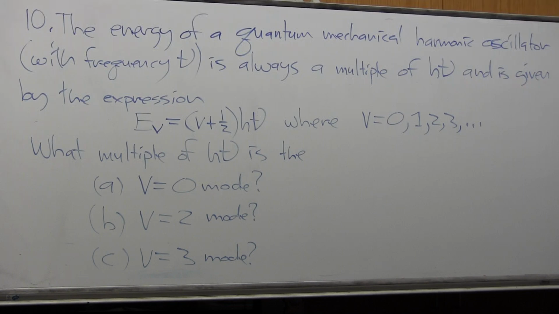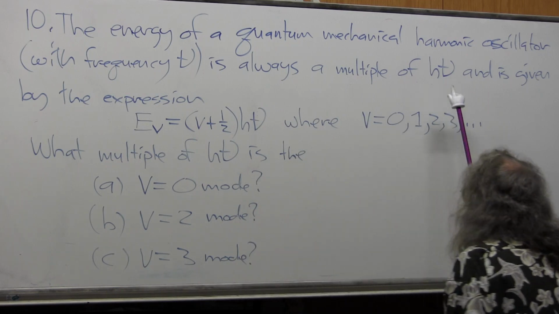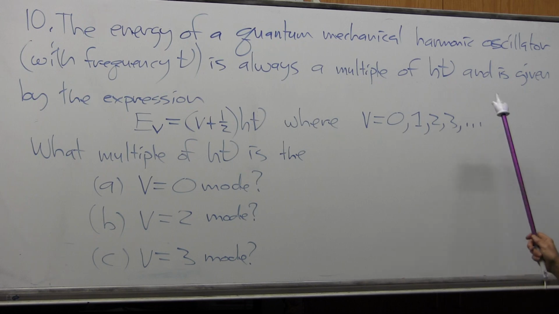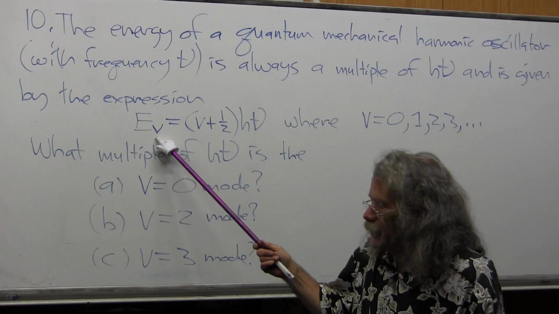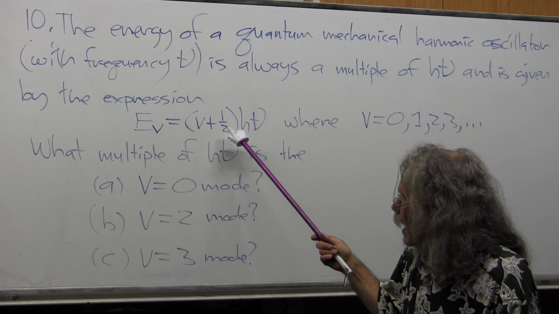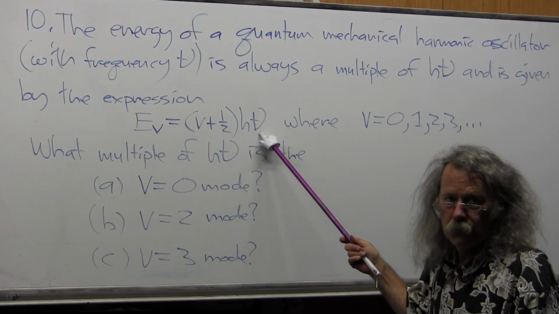This is practice test 2, problem number 10. The energy of a quantum mechanical harmonic oscillator with frequency nu, the Greek symbol nu, is always a multiple of h nu, where h is Planck's constant and nu is the frequency, and is given by the expression E sub v is equal to (v plus 1/2) times h nu.